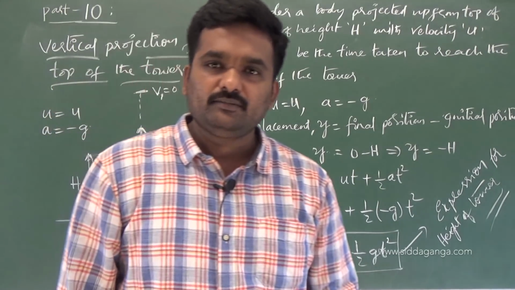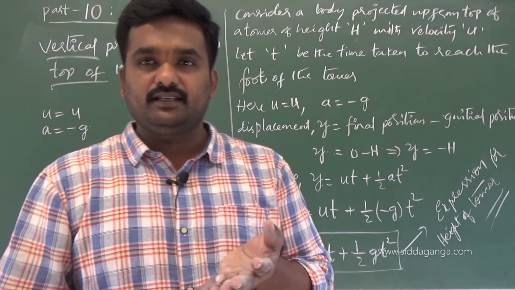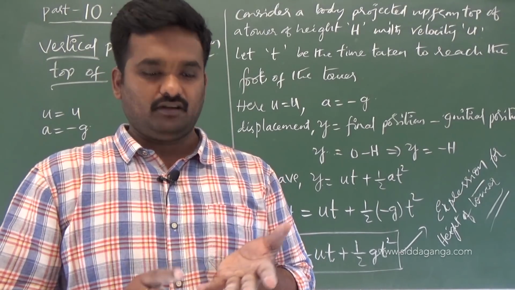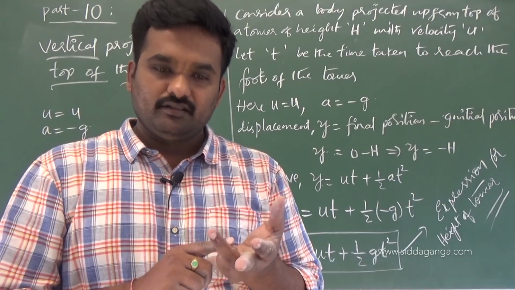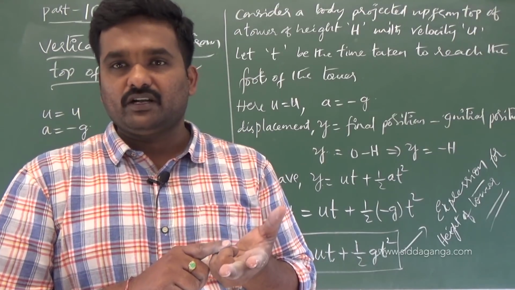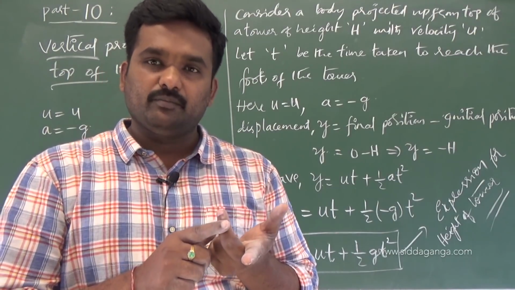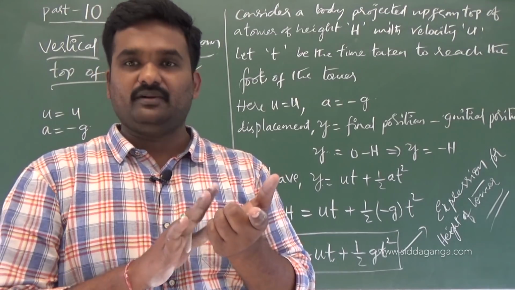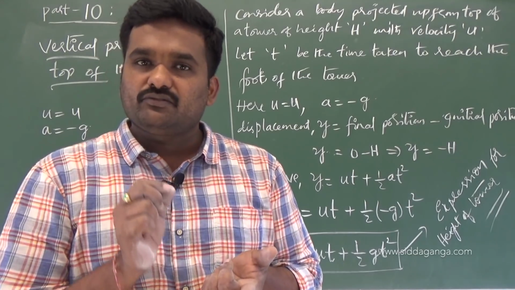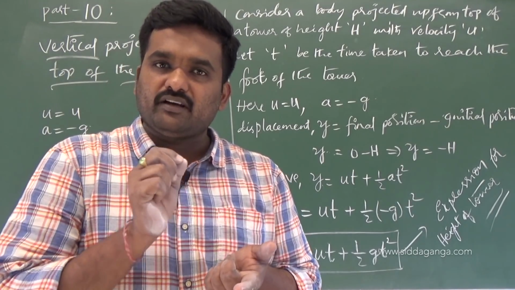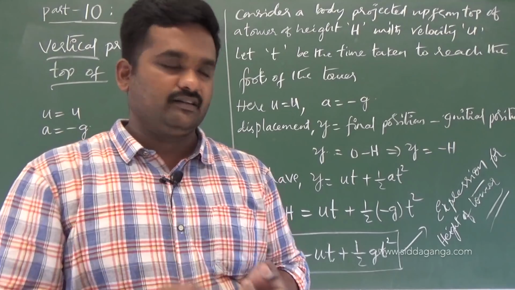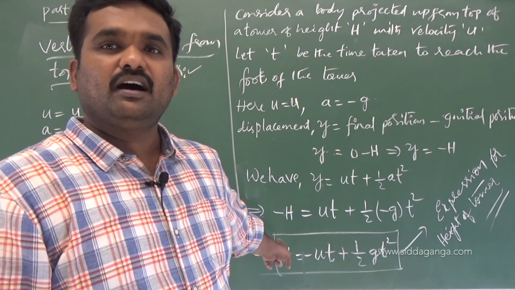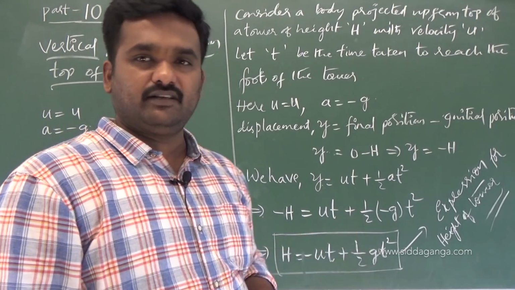See, h, u and t, three terminologies are involved here. What are those? Height of the tower, velocity of projection from top of the tower, and time taken from the point of projection to reach the foot of the tower. Three parameters are there. If they ask you to find any one of these parameters by giving two parameters, you have to make use of h equals minus ut plus half gt square.